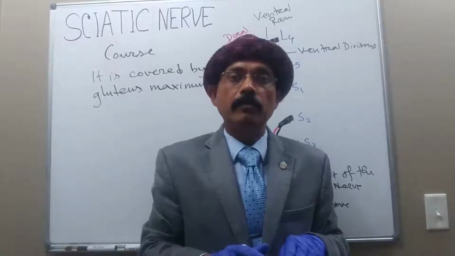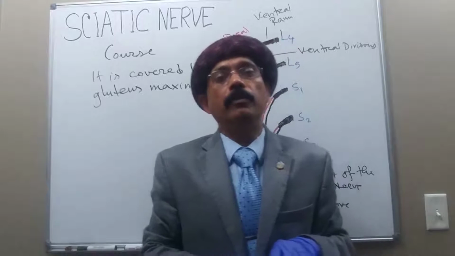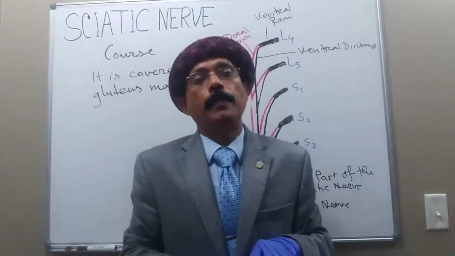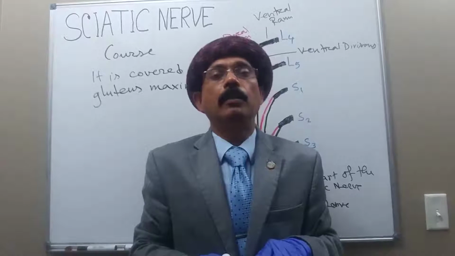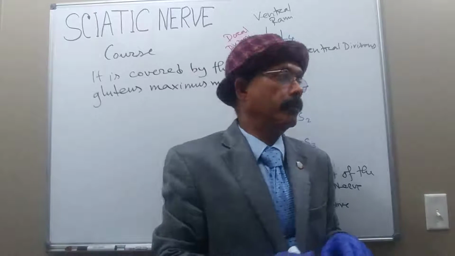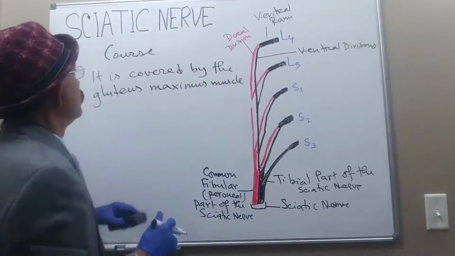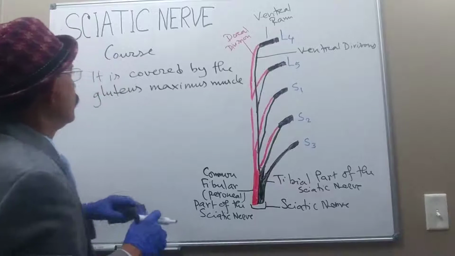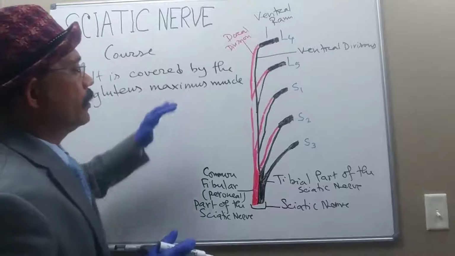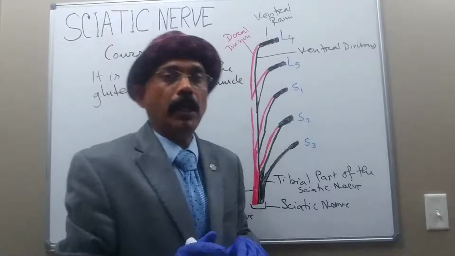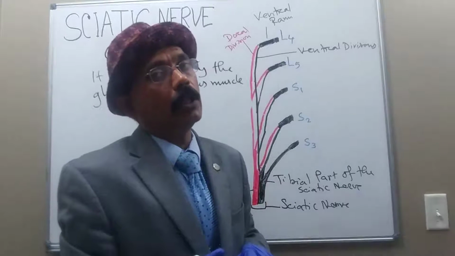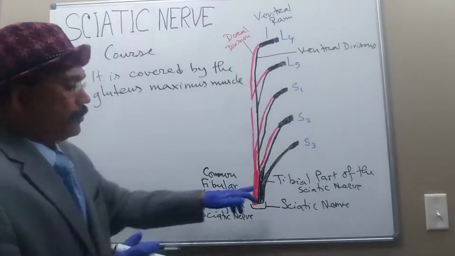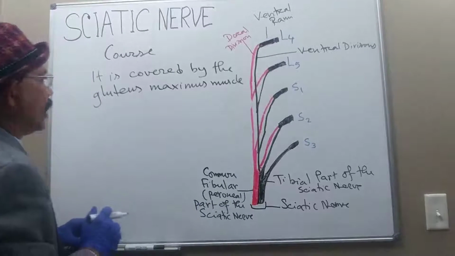It is lateral to the inferior gluteal vessels, pudendal nerve, and the internal pudendal vessels. It is covered by the gluteus maximus. It does not supply any muscles in the gluteal region.